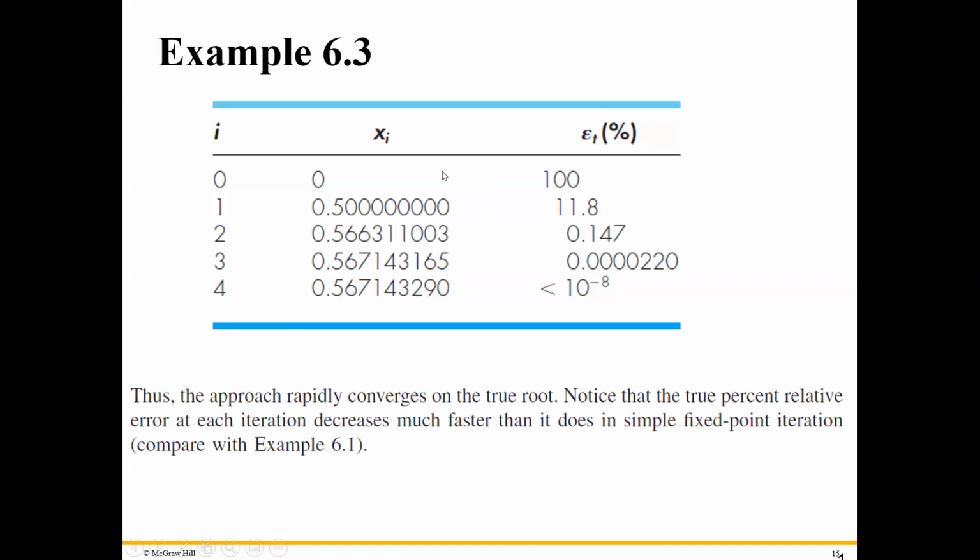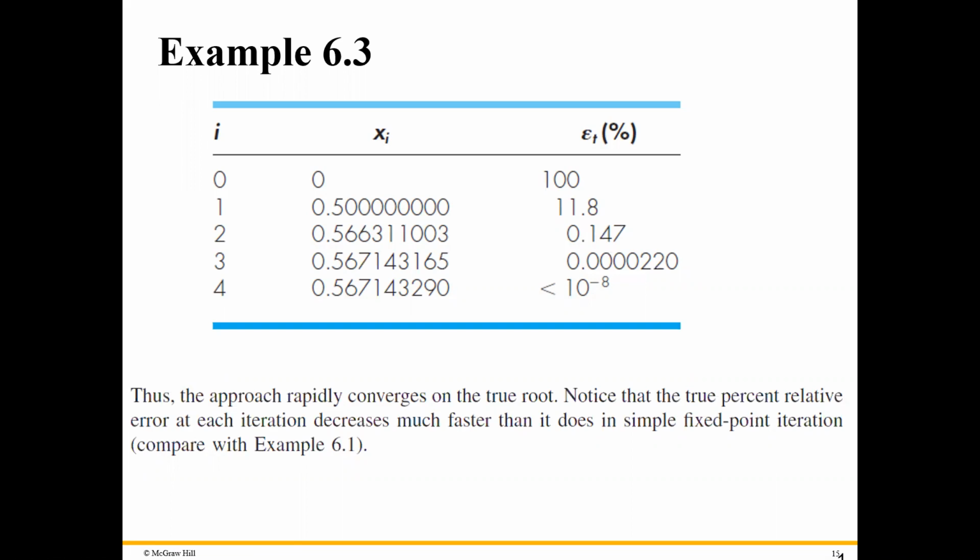In that method the convergence was linear, but here it is much higher than linear. So it is a rapid method for convergence to the true solution.